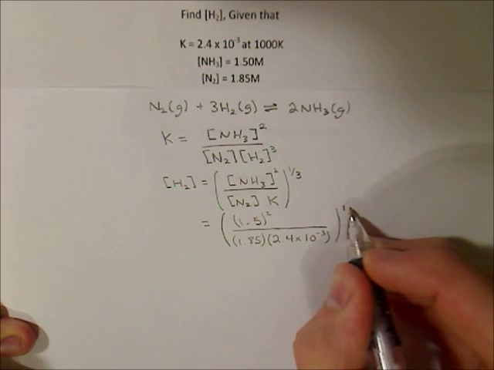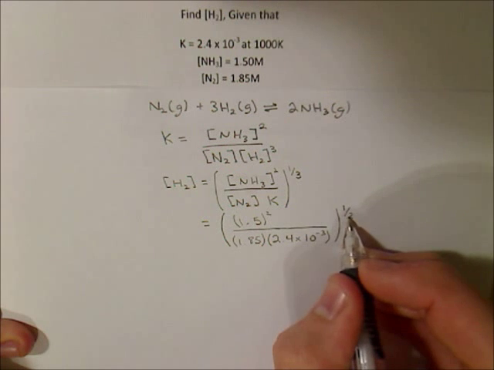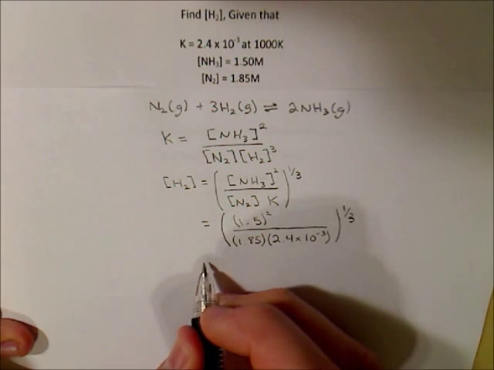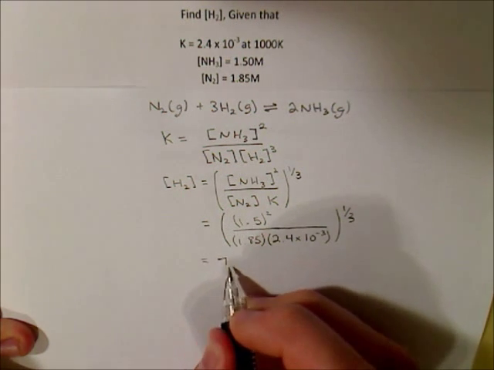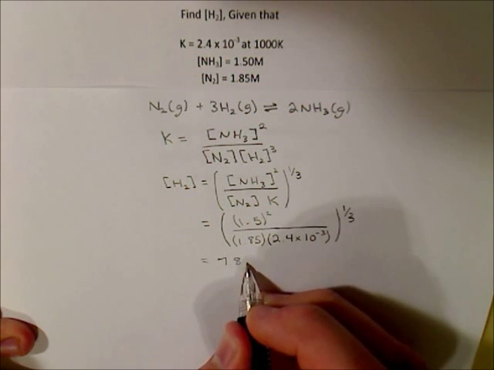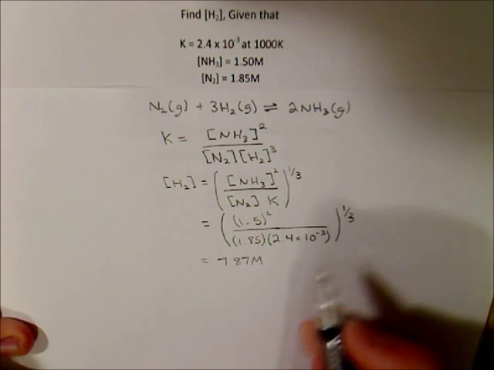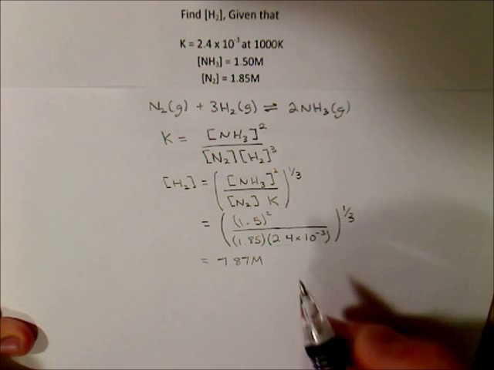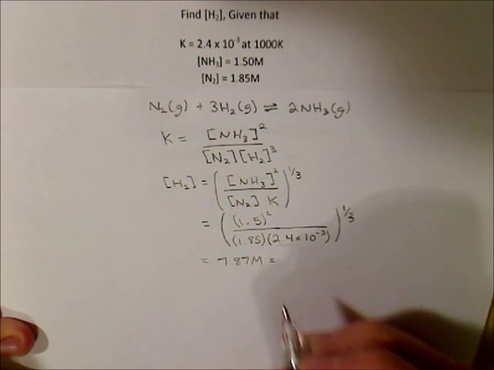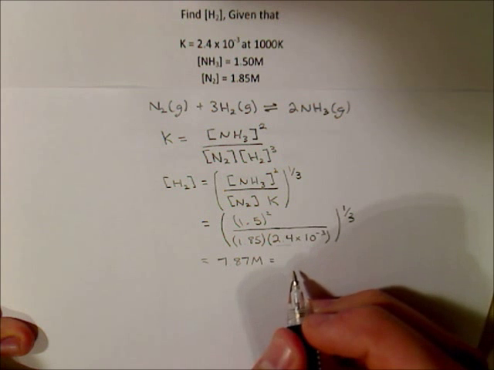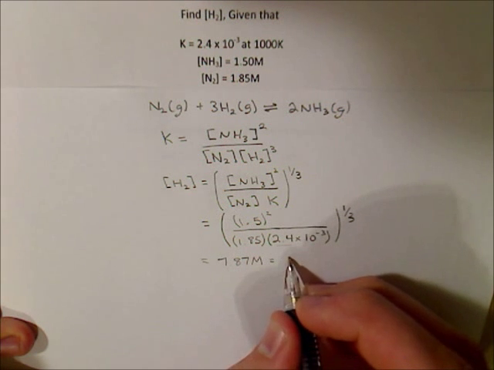Take the cube root of all that, and we get 7.87 molar. But since we have two significant figures here, we need to make sure that our answer is in two significant figures. So let's round up.